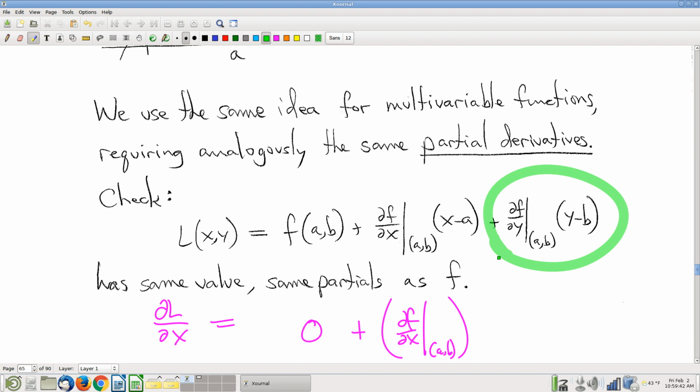So the partial with respect to x of that is nothing. By the way, what's going on over here? Here we have a function y. What's the partial of y? Well, we're taking the partial with respect to x, for which purpose y is constant. So this whole thing is constant times constant minus constant. It's 0.